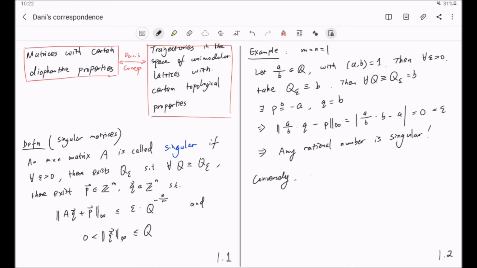Any singular number is also rational. However, the proof of this is quite involved. To this end, we need to use the theorem I did in another video, called the Hurwitz theorem.